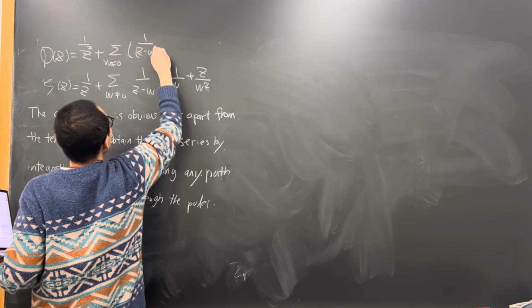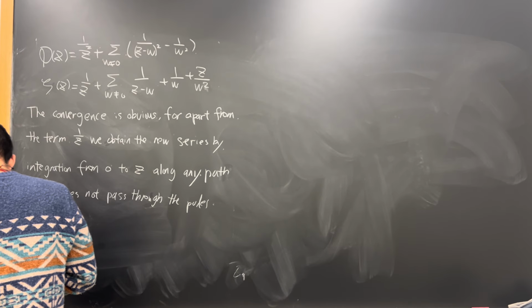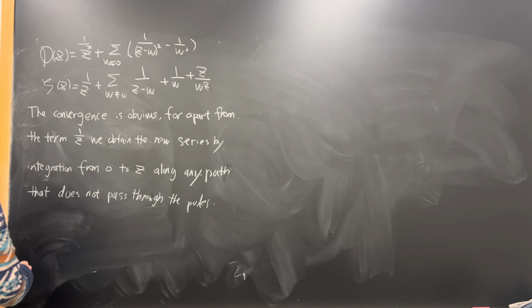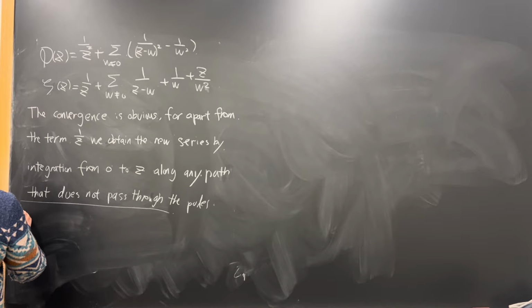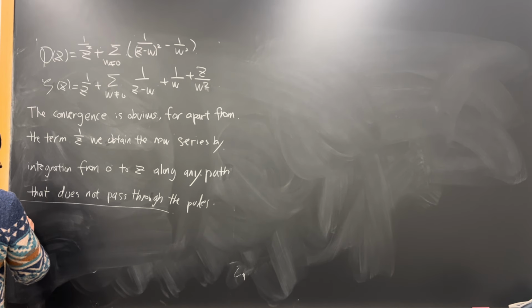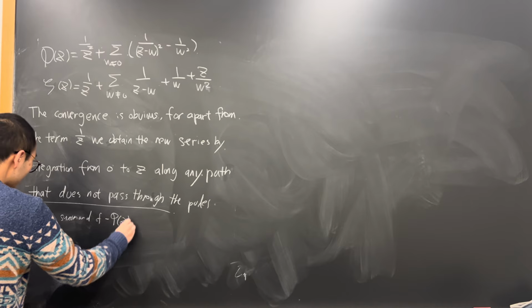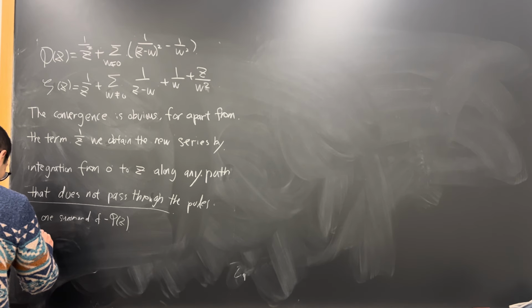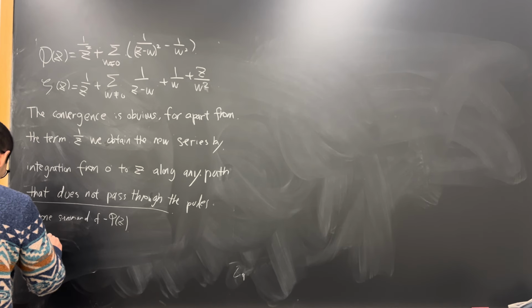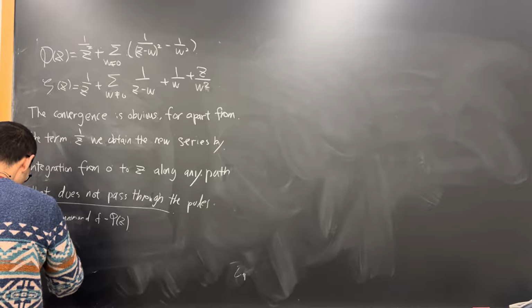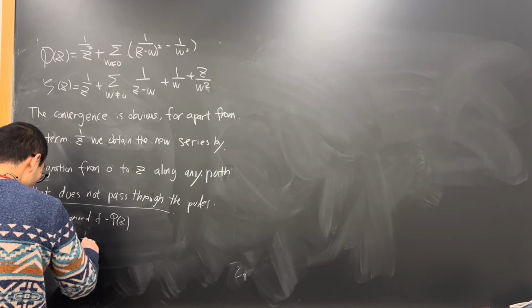So the idea is that we take one summand of negative p, which is equal to negative 1 over z minus omega squared minus 1 over omega squared.